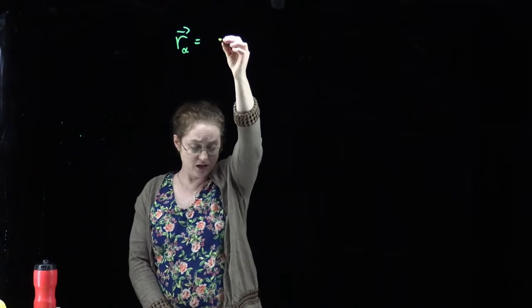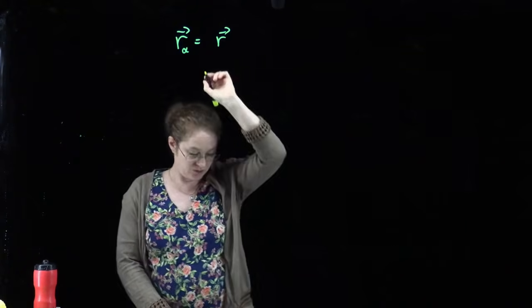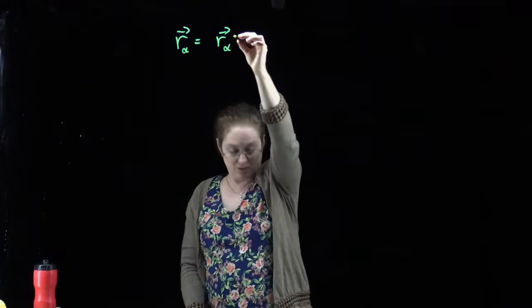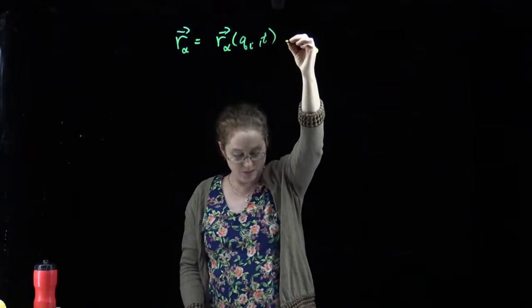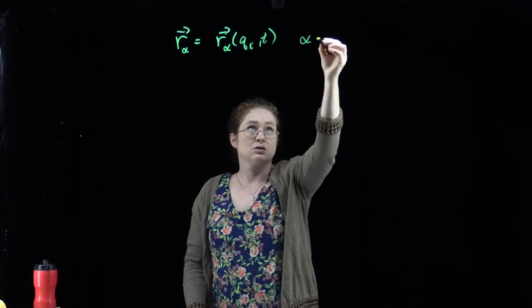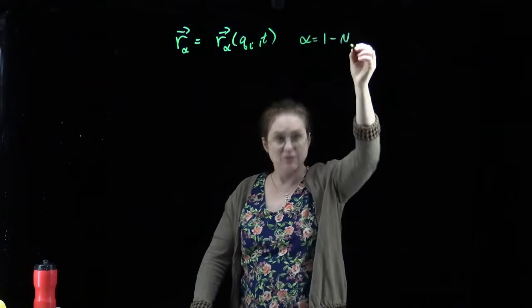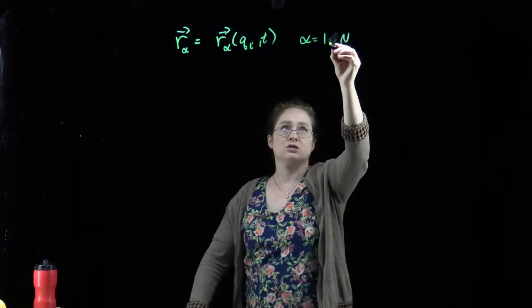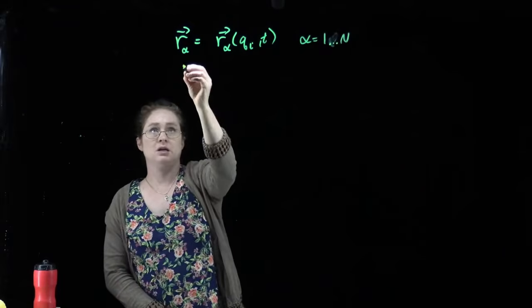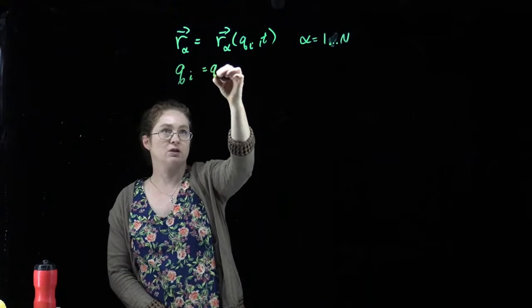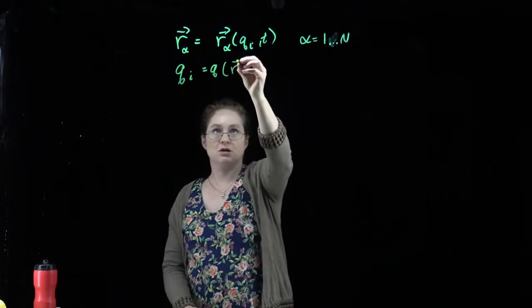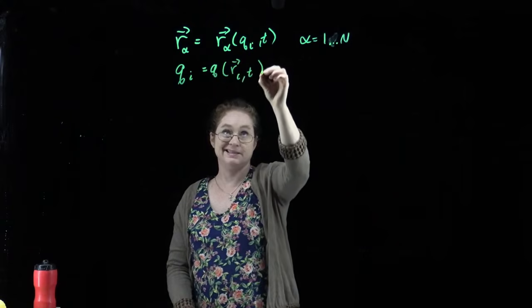In general, if you have any system, you can describe it with N vectors r, which can depend on time and the generalized variables. So there's 1 through N vectors r_i to describe the positions of the particles, and you then have generalized coordinates, which are functions of the r_i and t.